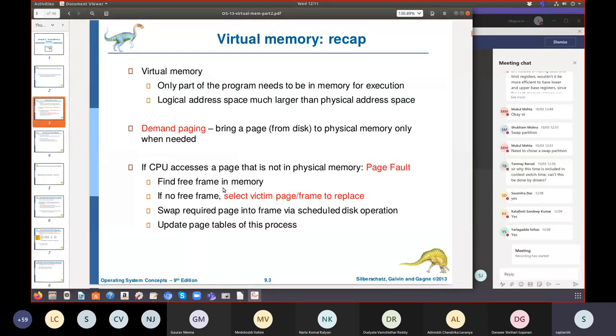So basically the MMU and the OS have to find a free frame in memory and bring this page for which there is demand into the memory. Now it may happen that there is no free frame in the memory. Then a victim page or frame has to be selected to replace it. And this is the part that we will focus on in this lecture: how to decide which frame or which page to replace in memory.